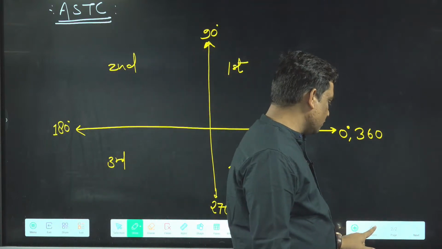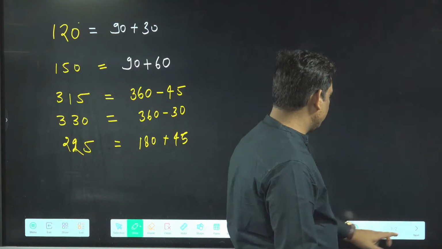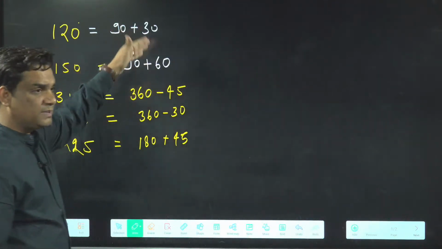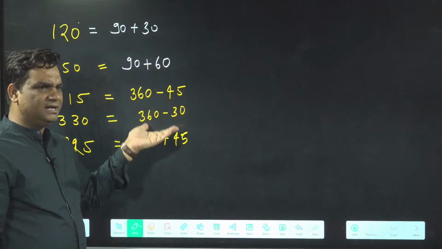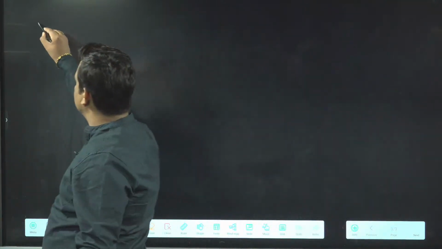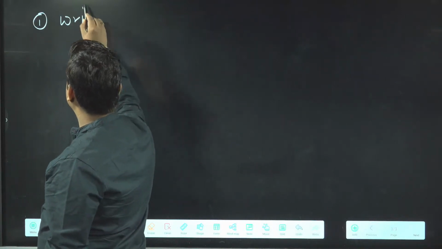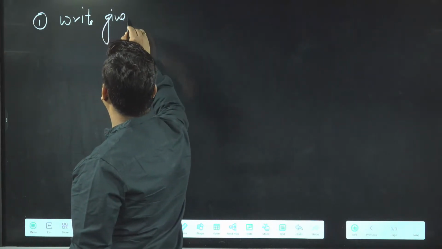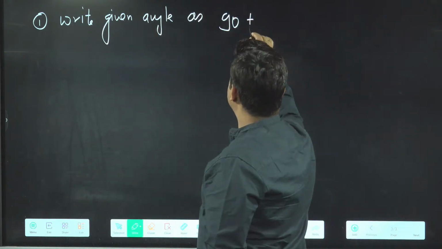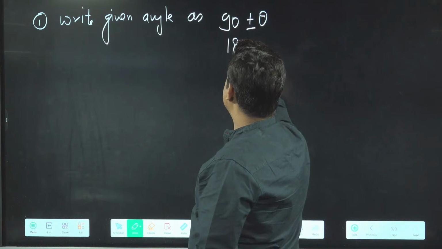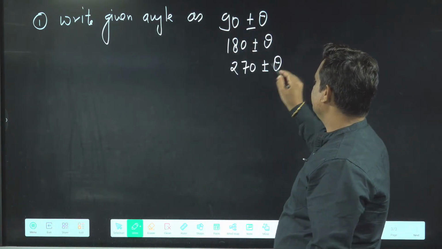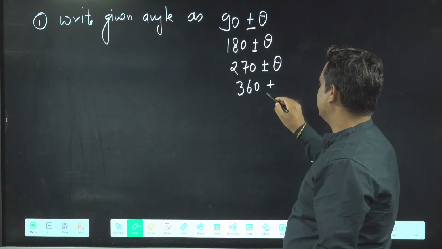So here we got rule number 1 for the ASTC. What is rule number 1 for the ASTC? Write the given angle as 90 plus minus theta, 180 plus minus theta, 270 plus minus theta, or 360 plus minus theta.